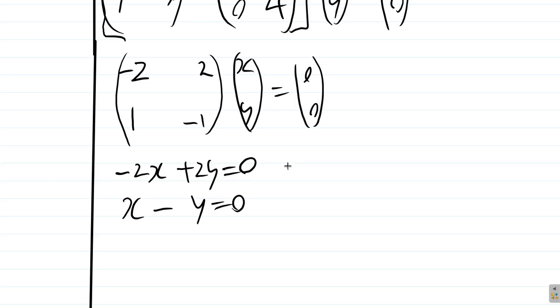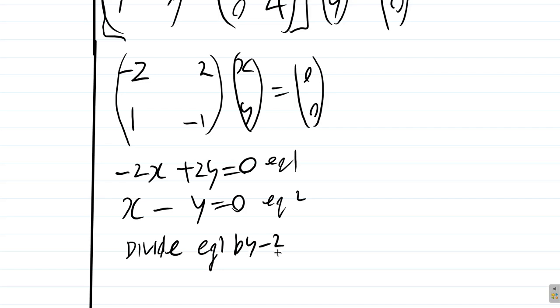If we divide both sides of the top equation by negative 2, and call this equation 1 and this equation 2, divide equation 1 by negative 2.